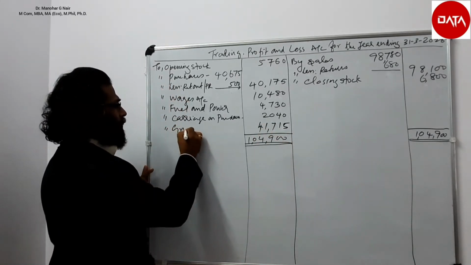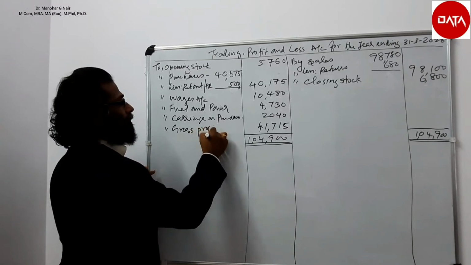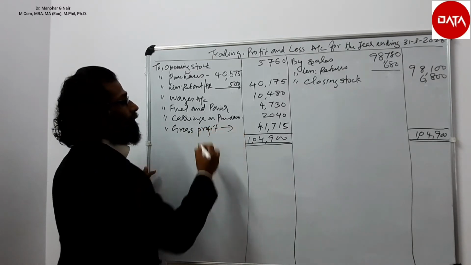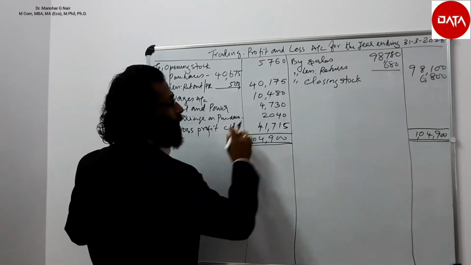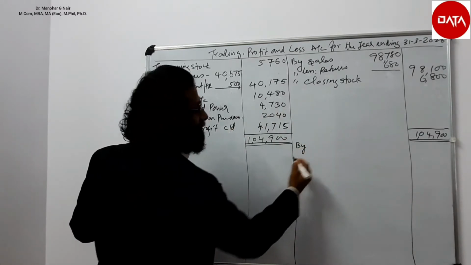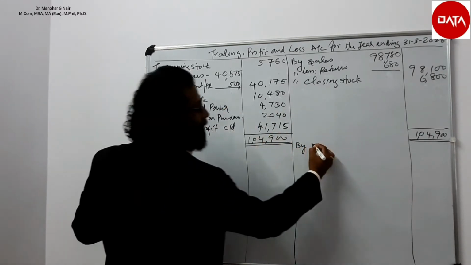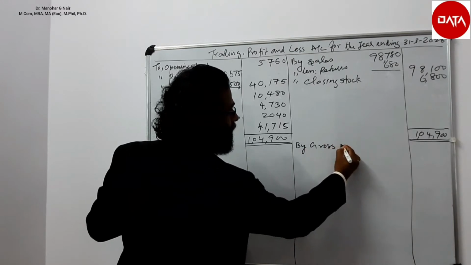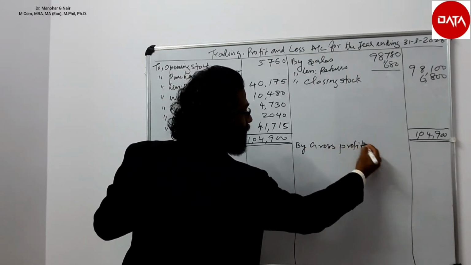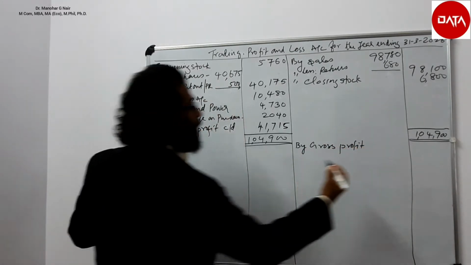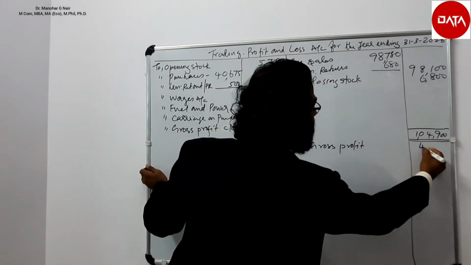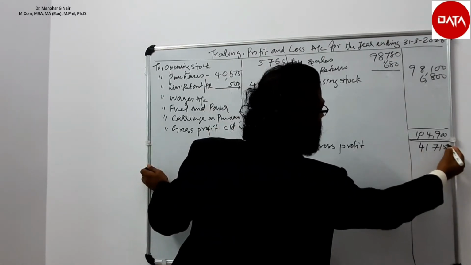It is gross profit. You bring down that value to the opposite side in the profit and loss account, the same value. Gross profit 41,750.